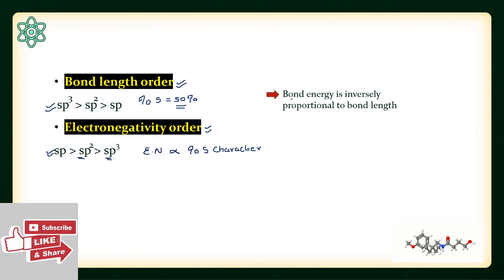Now bond energy is inversely proportional to bond length. Therefore the bond energy order will be sp greater than sp2 greater than sp3. So these three are very, very important points. First, bond length order, electronegativity order, and then the bond energy order.